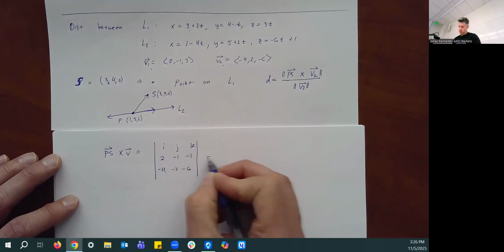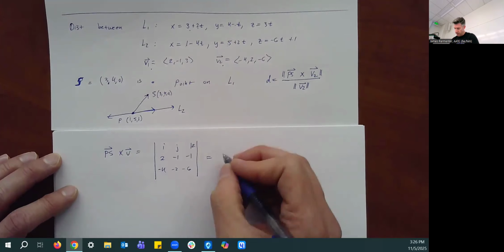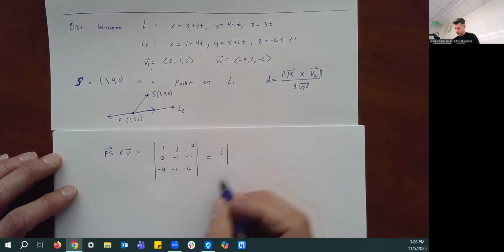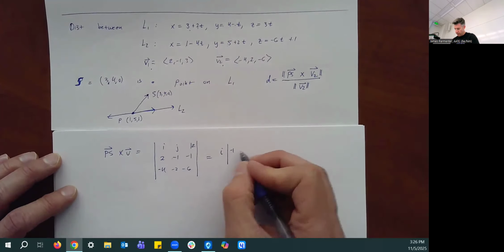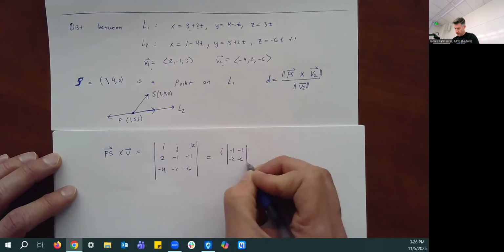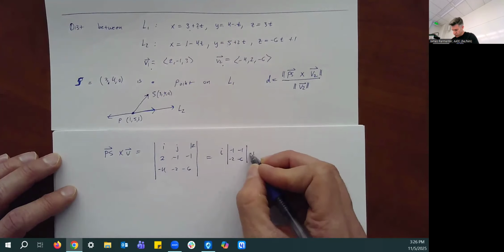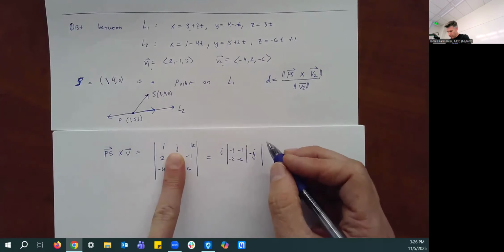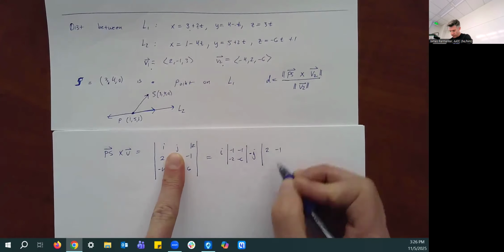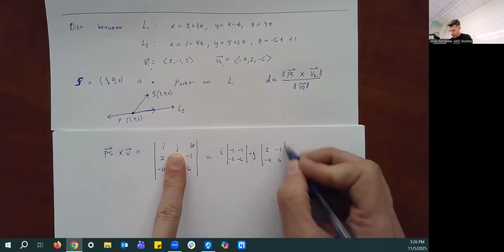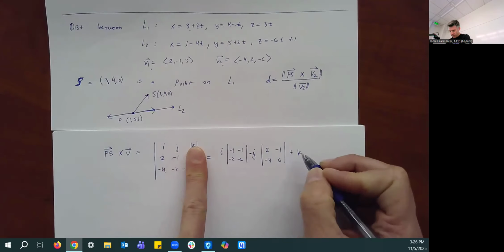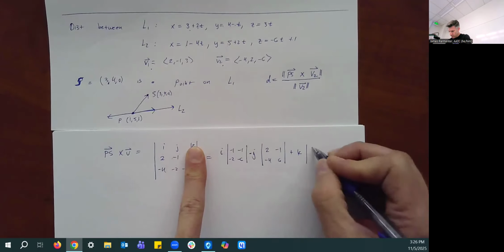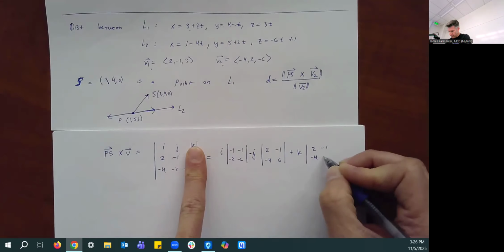So that's going to be i times the determinant of the 2 by 2 with -1, -1, 2, -6, minus j times the determinant of the 2 by 2 where we cross out the middle column, 2, -1, -4, -6, plus k times the determinant of 2, -1, -4, 2.